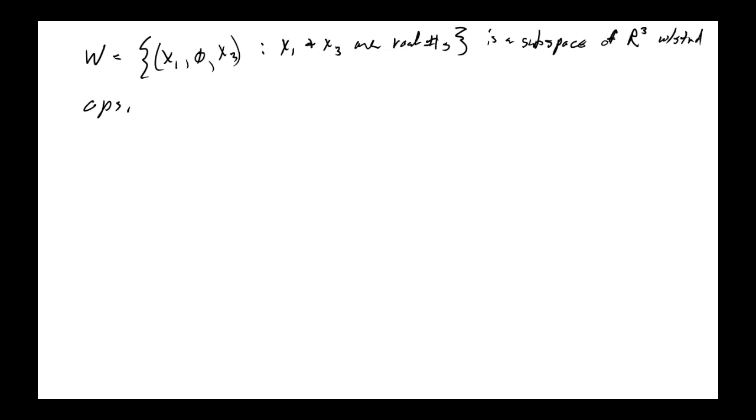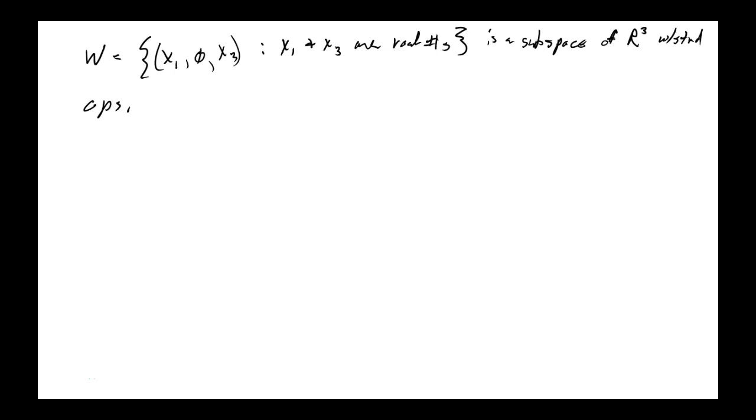This subset W of x1, 0, x3 means you're in the xz plane, but nowhere other than the plane. You're not in any space to the right of the plane or left of the plane, just in that plane.